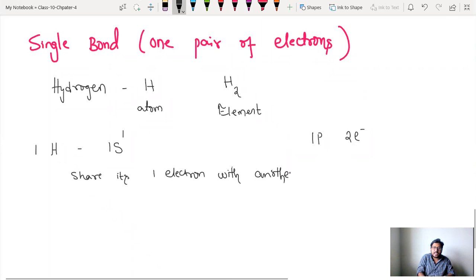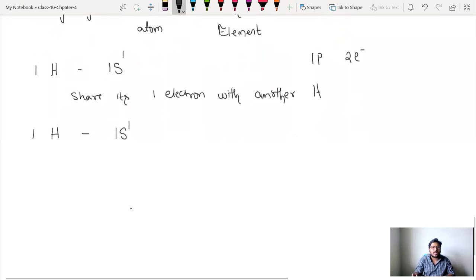another hydrogen. So we have another hydrogen atom with atomic number 1 and electronic configuration 1s1. Now if you draw valency electrons, here we have a hydrogen which has one valency electron, and another hydrogen which has one valency electron.